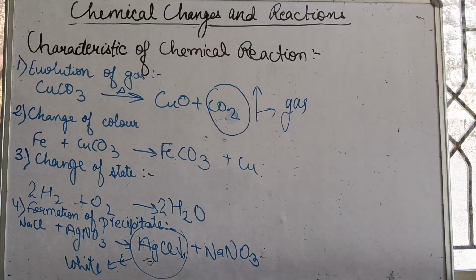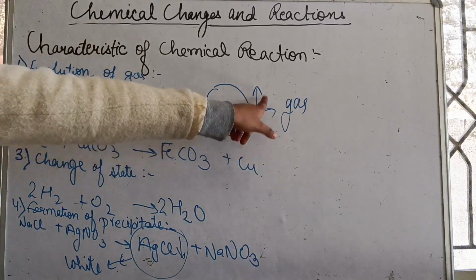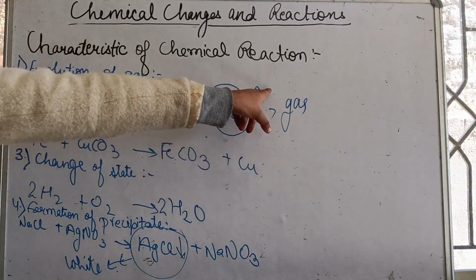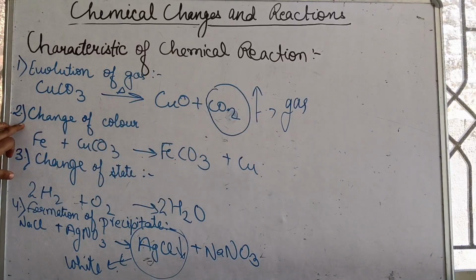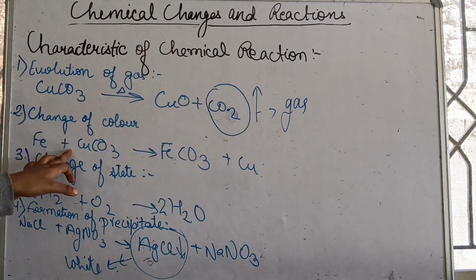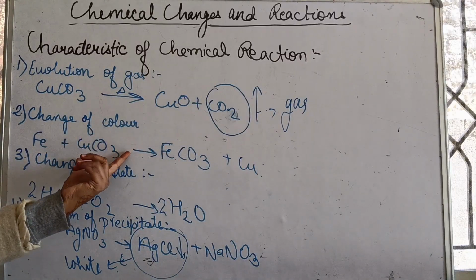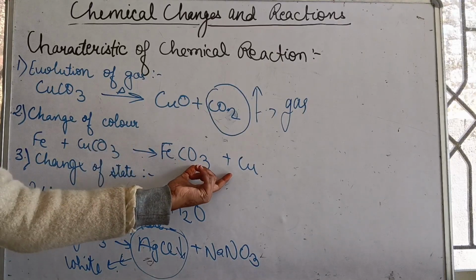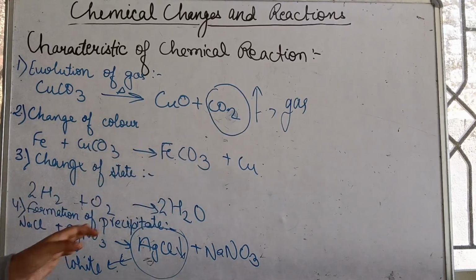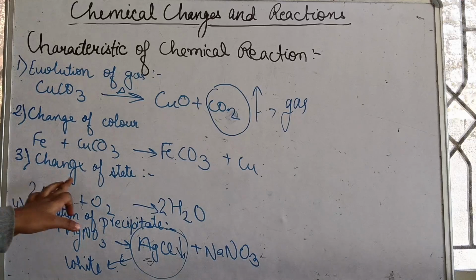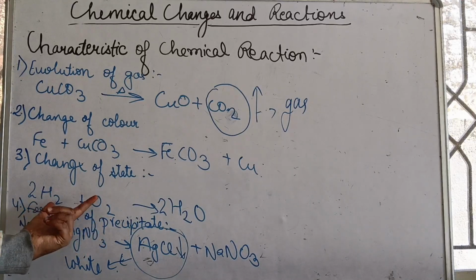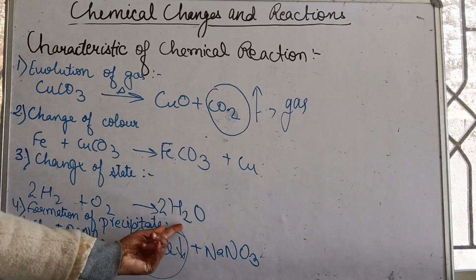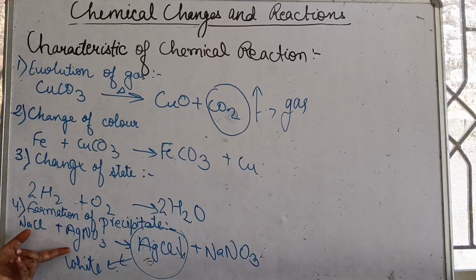So the characteristics of chemical reactions are: first, evolution of gas. The gas is released. The symbol of evolution of gas is upwards. Change of color: this was first green, then it became blue. Change of state: this was gas, but on reaction they became liquid, water. Now, formation of precipitate.